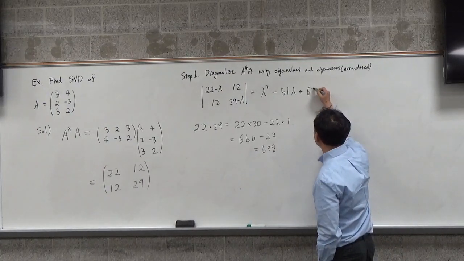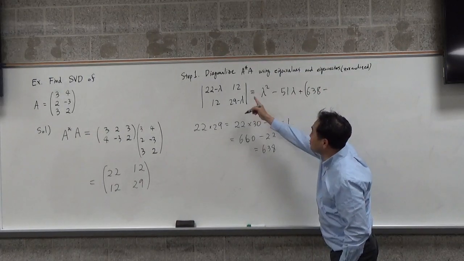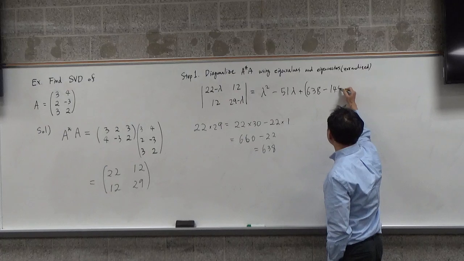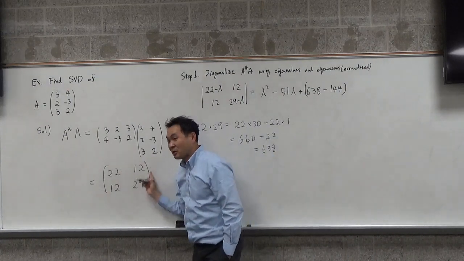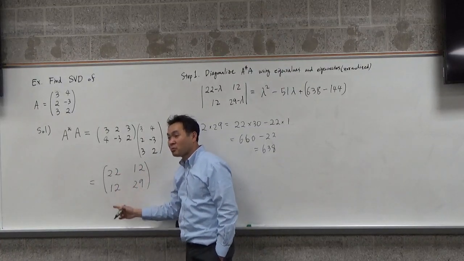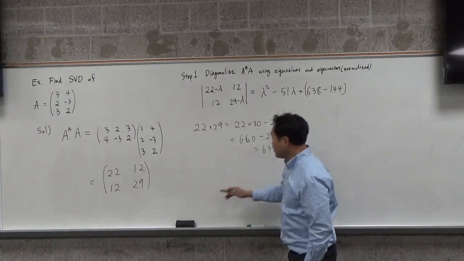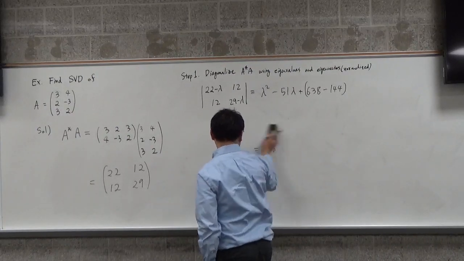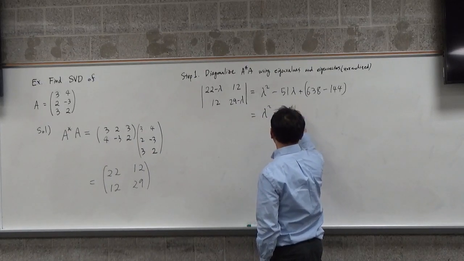So it's 638, minus 12 times 12, which is 144. Okay, so that's the determinant of this matrix: 22 times 29 minus 12 times 12. That's the determinant. And therefore, what I get is, let's see, lambda squared minus 51 lambda.